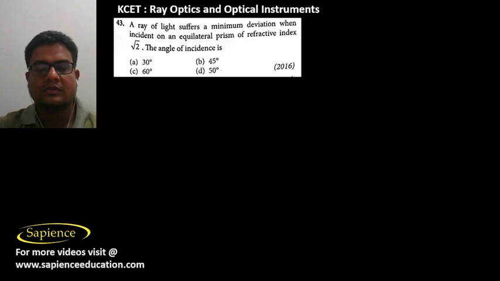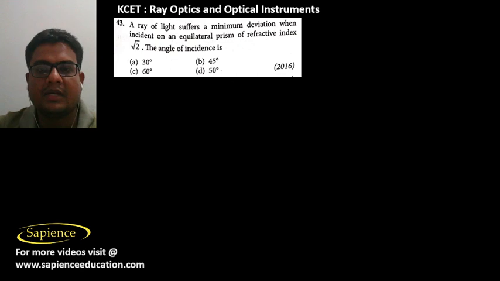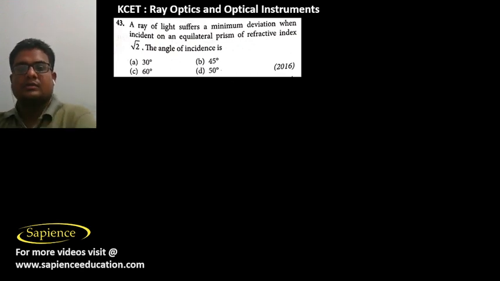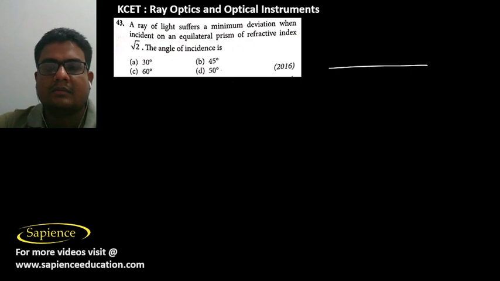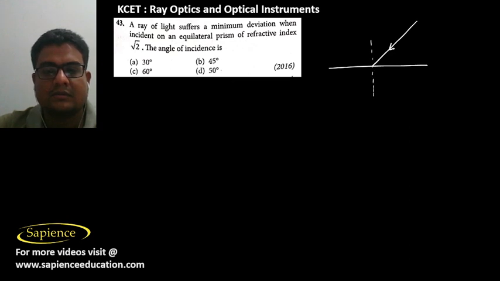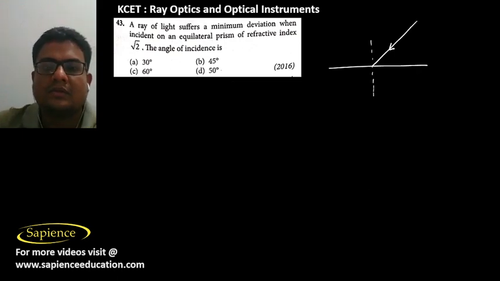Question number 43 is told a ray of light suffers a minimum deviation when incident on an equilateral prism of refractive index √2.